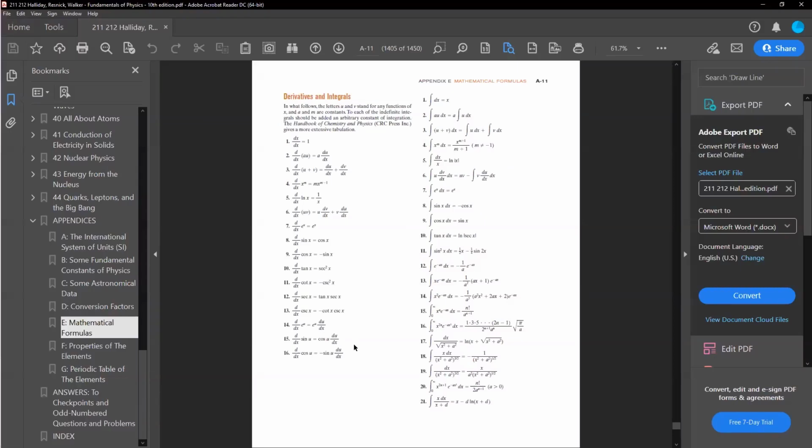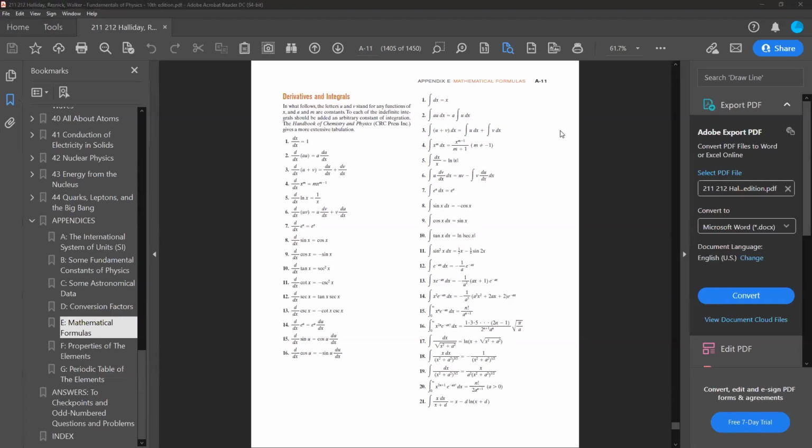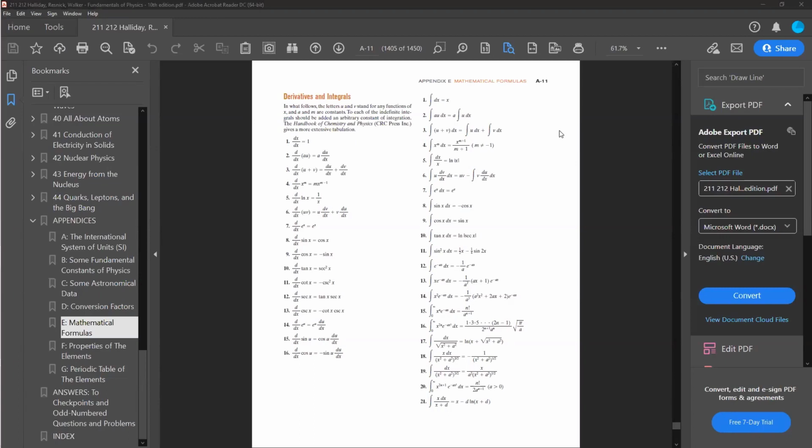Do we see this integral here? No, I don't think so. So I guess we're going to have to use u substitution. All right, so let's use u substitution. I thought it was here, to be honest, but it's not. All right, so calculus time.